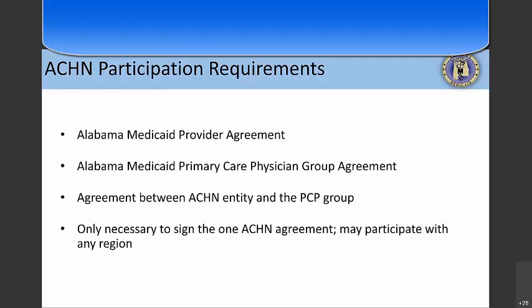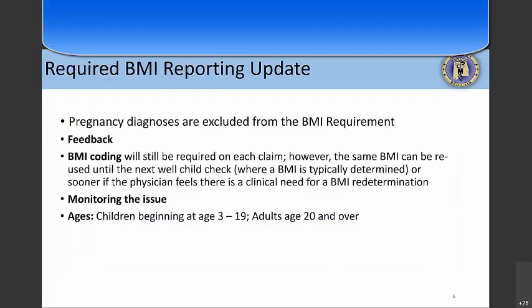As we still don't have any questions, we'll continue on. We also wanted to cover our BMI reporting. First of all, pregnancy diagnoses are excluded from the BMI requirement. We have heard feedback from several of you, and we've taken it into consideration.